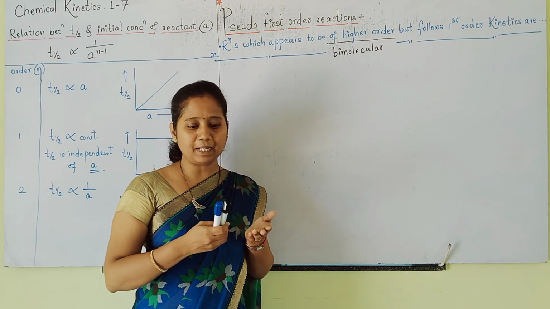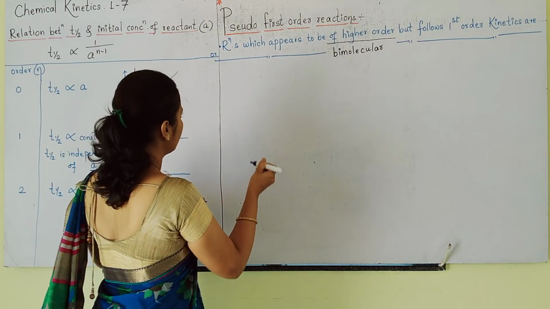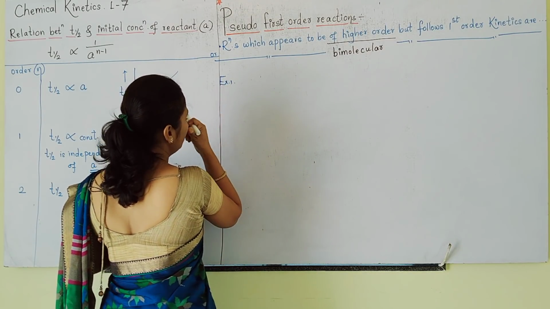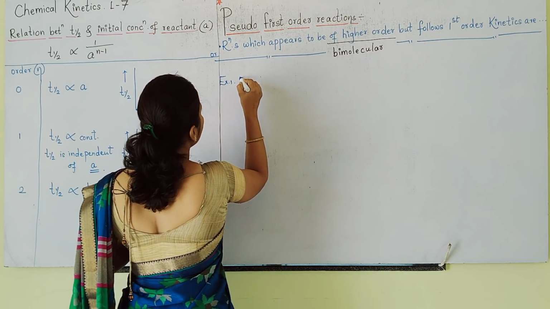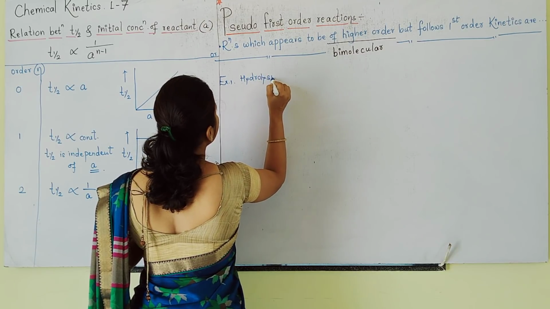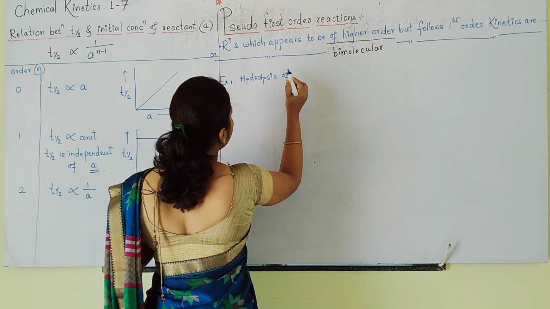Let us take an example and understand this concept. So I will take the first example. Examples you should write in detail, a little more detail. I will write the example of hydrolysis of ethyl acetate.